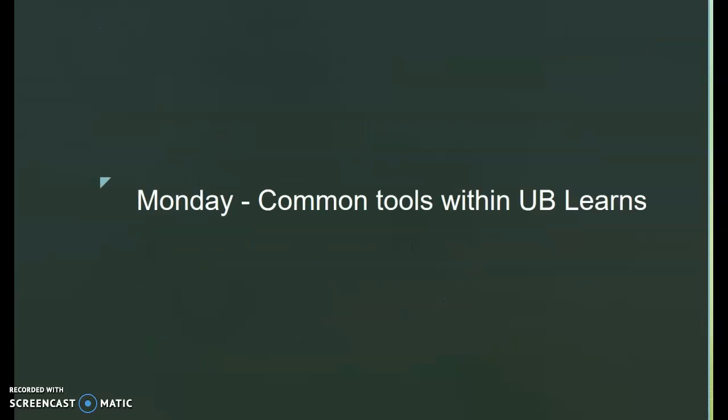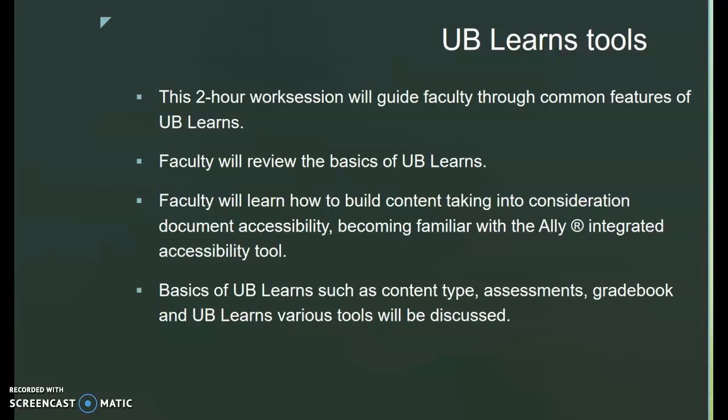For Monday's Common Tools with UB Learns 2-hour workshop, we will guide faculty through common features of UB Learns. Faculty will review the basics of UB Learns. They will learn how to build content taking into consideration document accessibility and become familiar with LAI, which is an integrated accessibility tool.